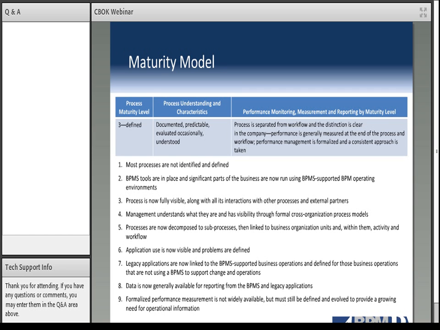But the key is there's some aspect of leadership engagement, and they're trying to coordinate some of the work being done across the organization to provide some sort of formalization or consistency across the individual management or the horizontals. So not all processes are fine.